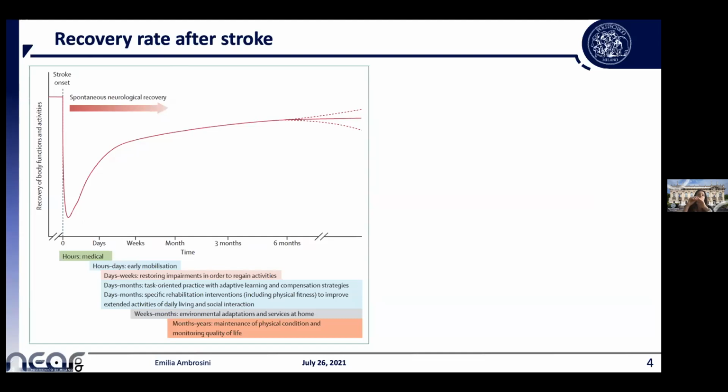And then there is a slower improvement that prolongs up to 6 months, but even after that. So it is already established that recovery does not stop after 6 months. And even in the chronic phase after stroke, it's possible to achieve improvement.